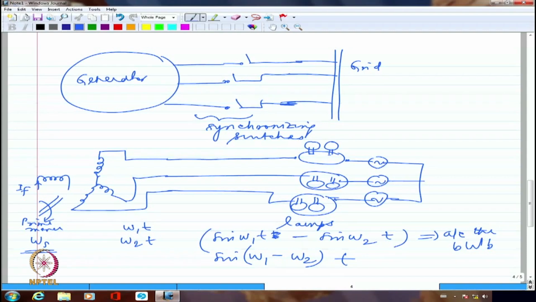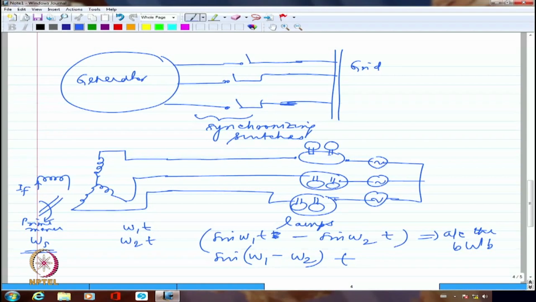If the rate at which the intensity is increasing and decreasing is fast, that means omega 1 minus omega 2 is large. If the rate at which the intensity is decreasing and increasing is slow, that means I have almost matched omega 1 and omega 2 very, very well.